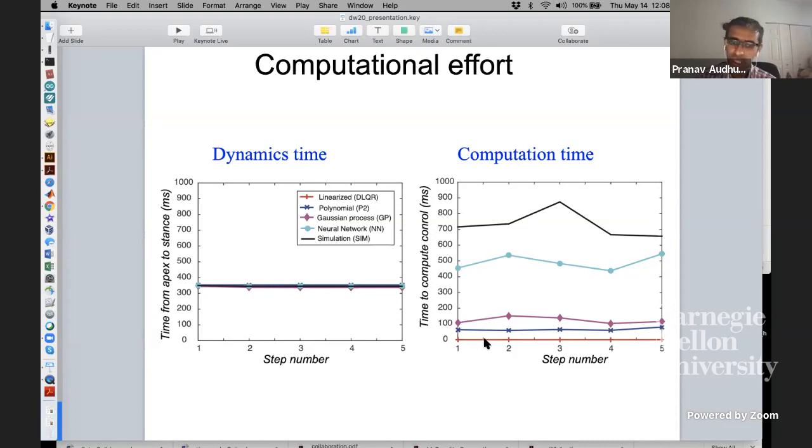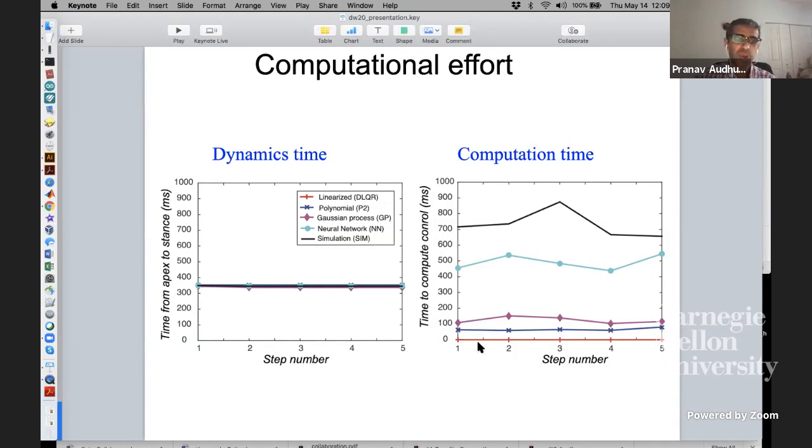Clearly the red, which is the linearized model, is very fast, a few milliseconds. Next is the polynomial, and next is the Gaussian. These 3 take less than 350 milliseconds, which means that if you use them in real time, the robot has enough time to make that choice and place the foot. But the neural network does worst, and then of course the simulation takes twice as much time.